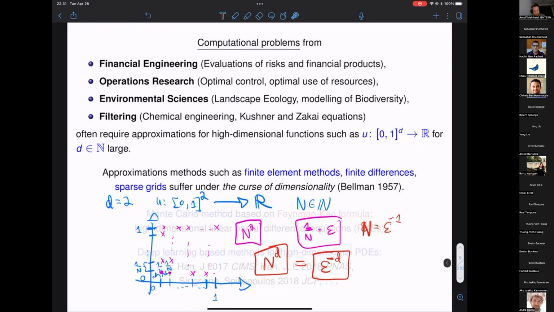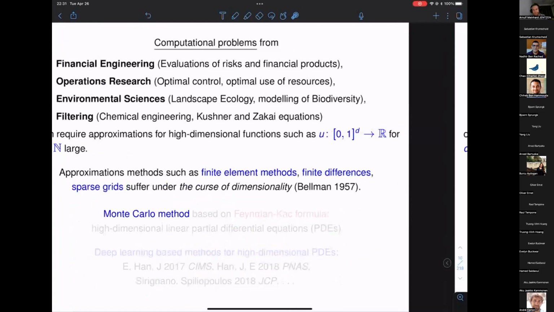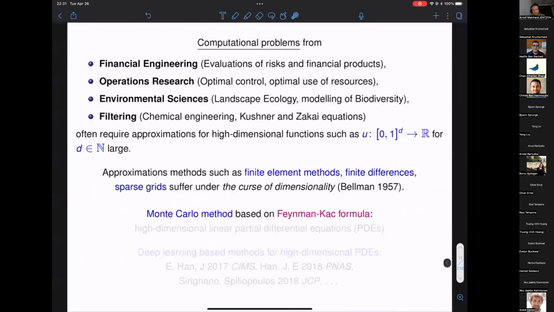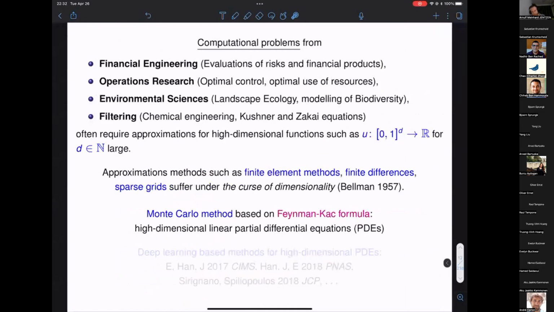Okay, so one method which overcomes this curse of dimensionality is the Monte Carlo method, based on the Feynman-Kac formula, which works very well in the case of high-dimensional linear Kolmogorov PDEs. In such a situation, one can reformulate the deterministic PDE u(t,x) as an expectation of a functional of a stochastic process.